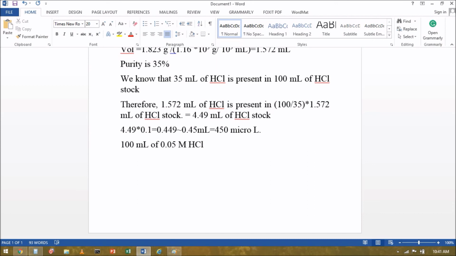So that's it. To prepare 100 milliliter of 0.05 molar HCl, you just need 450 microliter of HCl from your HCl bottle, and you have to add it in a 100 ml volumetric flask, and finally make the volume up to 100 milliliter. So thanks for watching.